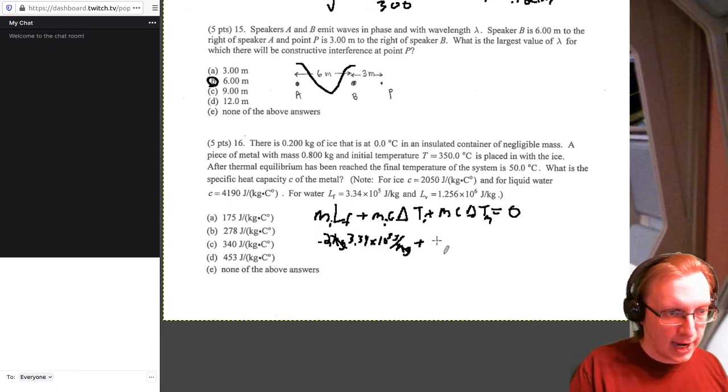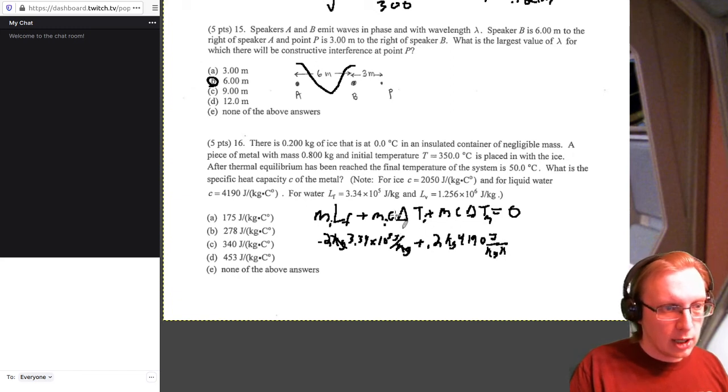Plus mass of the ice, 0.2 kilograms. We need a specific heat. Now that it is now water, 4190 joules per kilogram Kelvin. We need to raise its temperature 50 Celsius or 50 Kelvin.